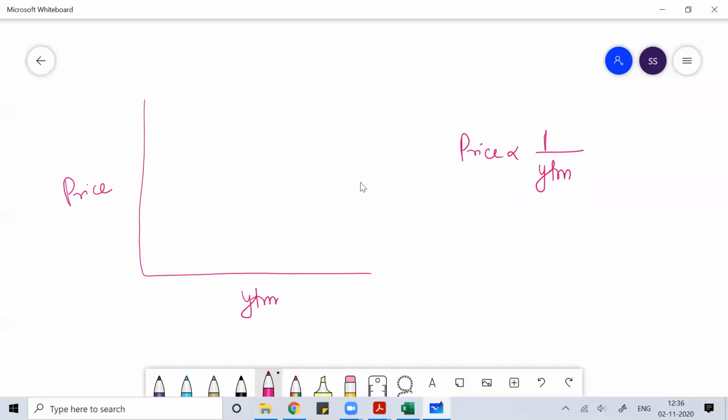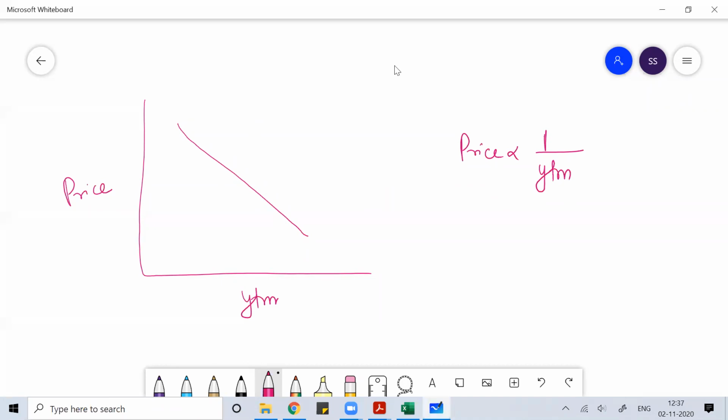So logically, if the two variables are inversely proportional, then their graph should be like this. And when you get this graph, you can see that this is a straight line curve, and every straight line follows the formula of a linear equation.